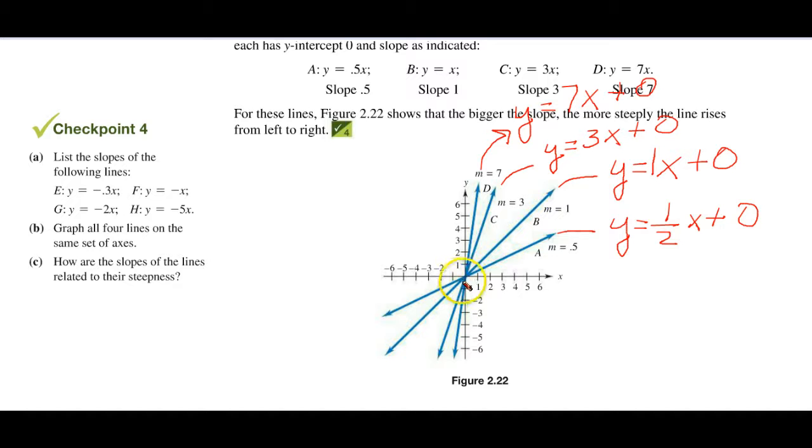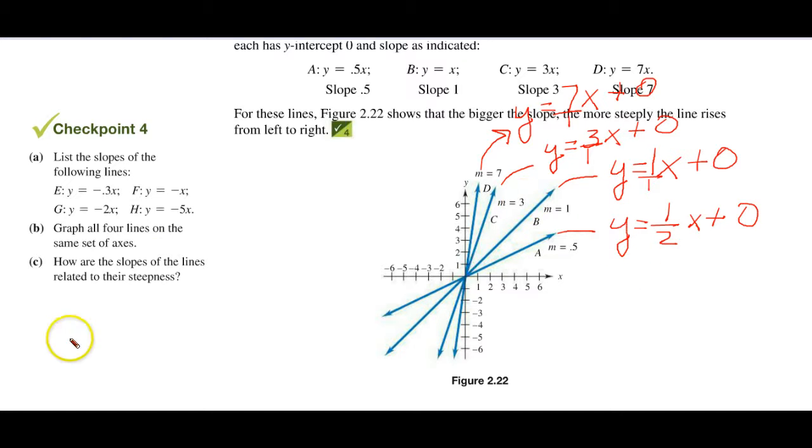All going through the origin. So this one would be over 2 up 1. This one is over 1 up 1. This one's over 1 up 3. Over 1 up 7. All over 1. And this is over 2.